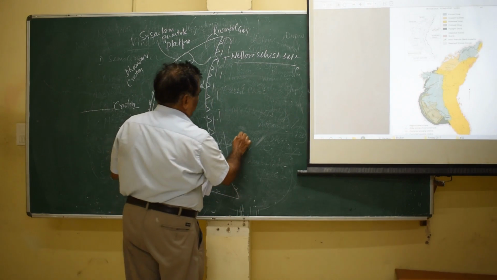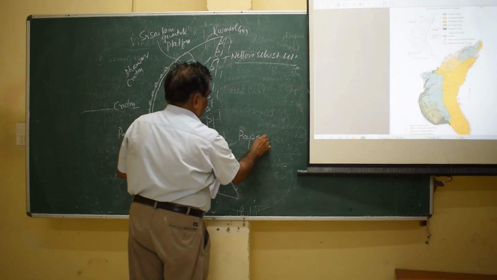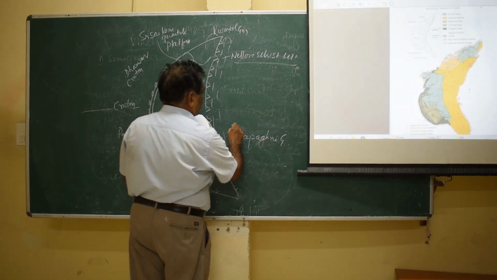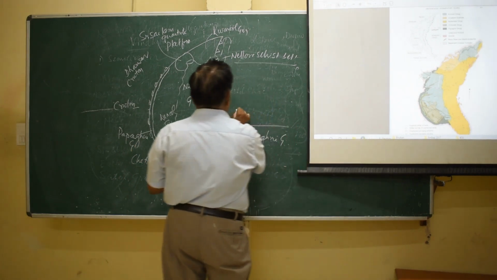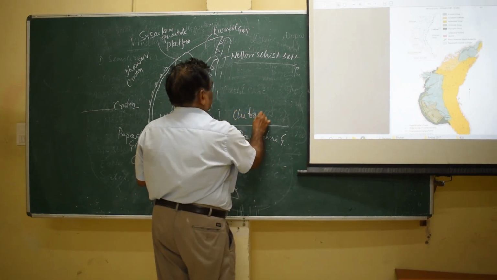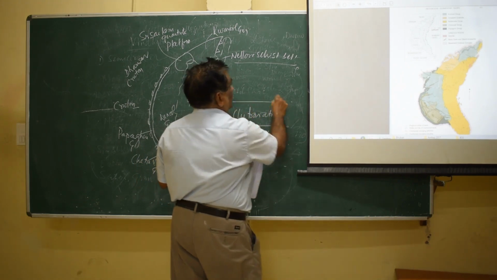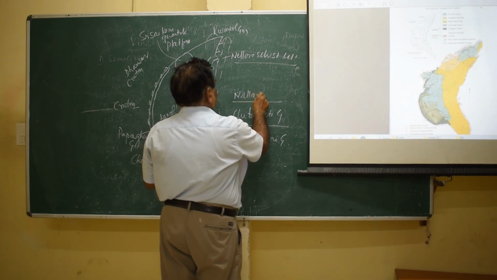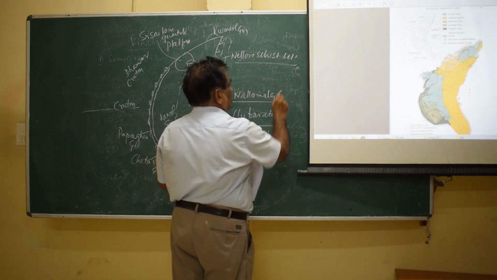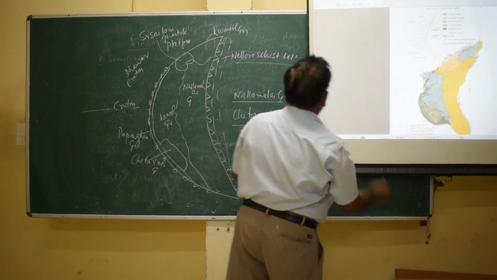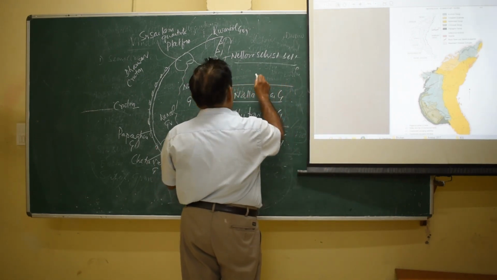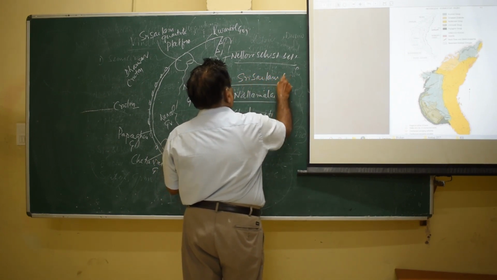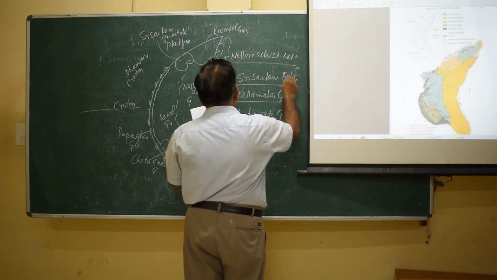So the oldest one is Papagni group, followed by Chitravati group, followed by Nalamalai group, then Srisailam quartzite, then Kurnool group.